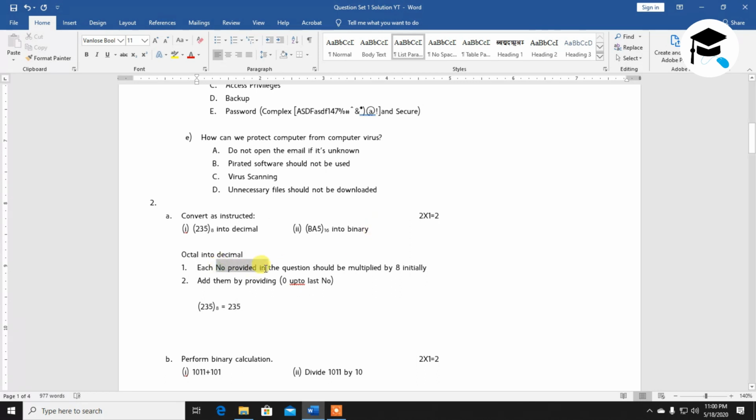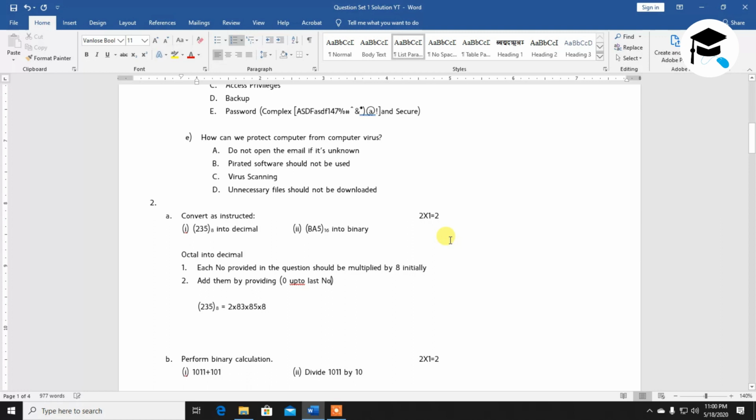Step number 1, each number provided in the question should be multiplied by 8. So let me multiply them by 8. I am multiplying 2 by 8, similarly 3 by 8, similarly 5 by 8. Suppose they are multiplied.